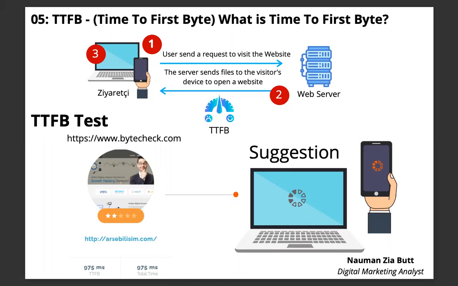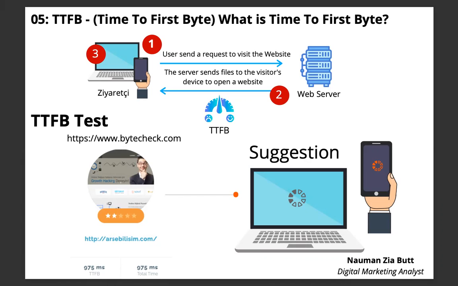In that case, you can choose a very small animation here, which will come with the first byte and say that your website is loading, please wait, don't leave. This is very important because once you have a good bounce rate, your visitors will stay on your website, they will not leave, and they will be engaged.